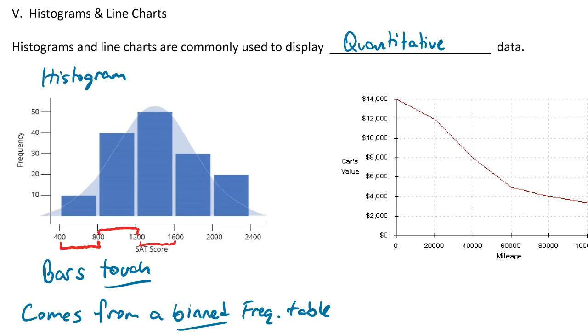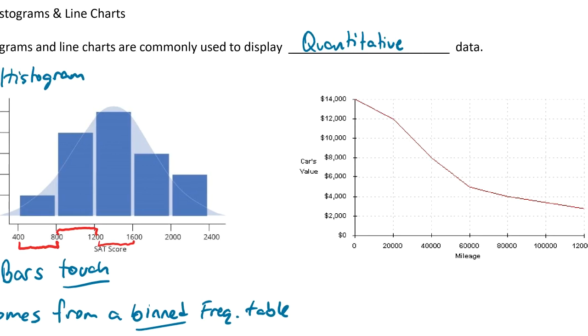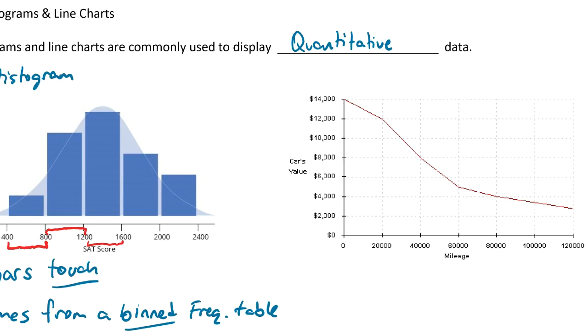Next up, the line chart is pretty similar to some of the other ones, just x-axis, y-axis, and for any point on this x-axis, it has a corresponding y value. So what do I mean by that?